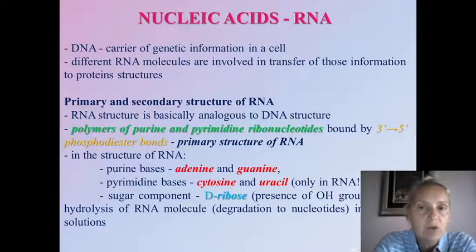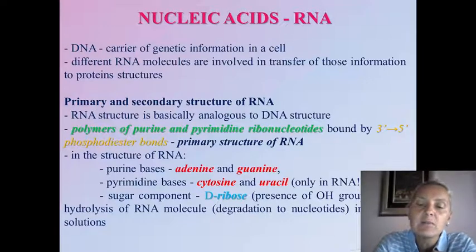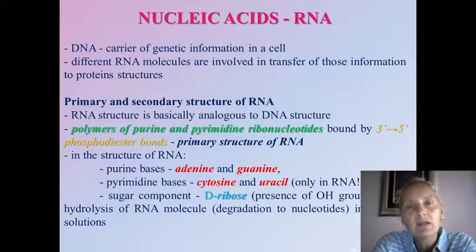Then we have the sugar component, which for RNA is strictly D-ribose. You know that the presence of the OH group at the 2' position of the ribose, if you remember the figure from the previous video, enables the hydrolysis of the RNA molecule, the degradation of nucleotides, when RNA is exposed to an alkaline medium or found in alkaline solution, which was not the case for DNA.